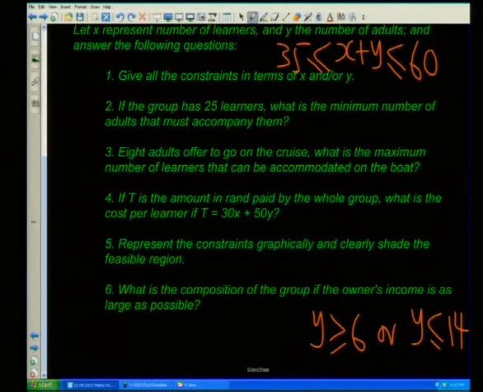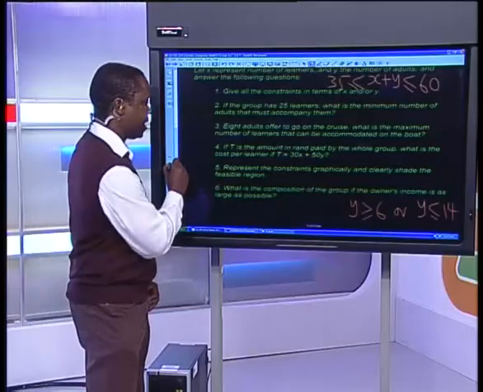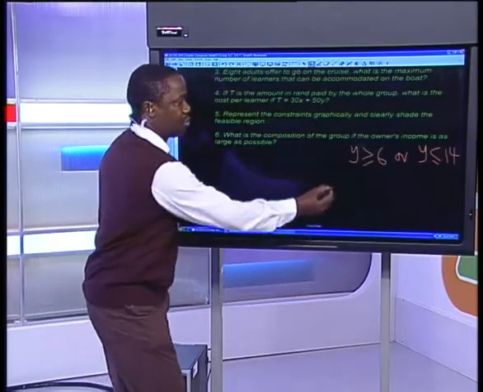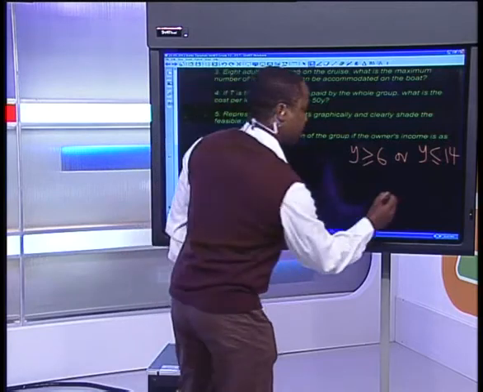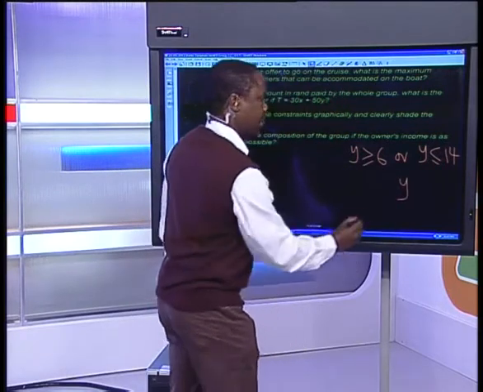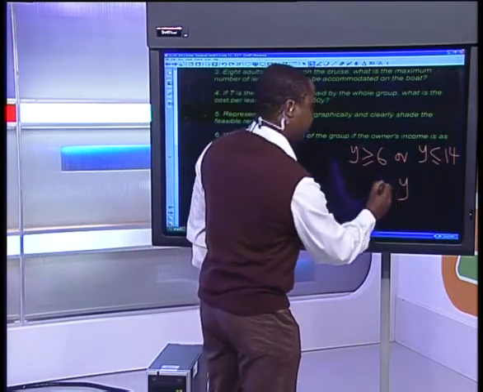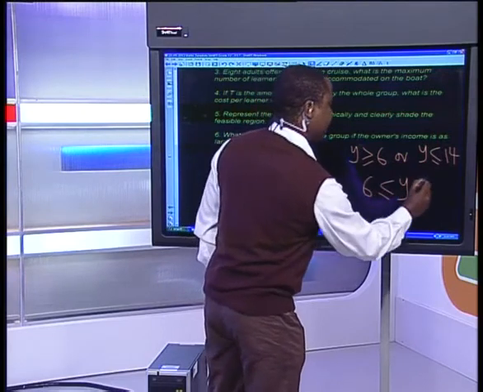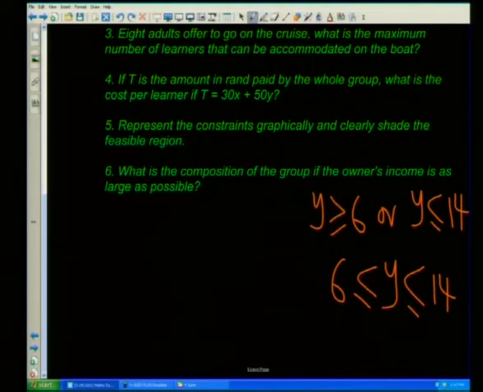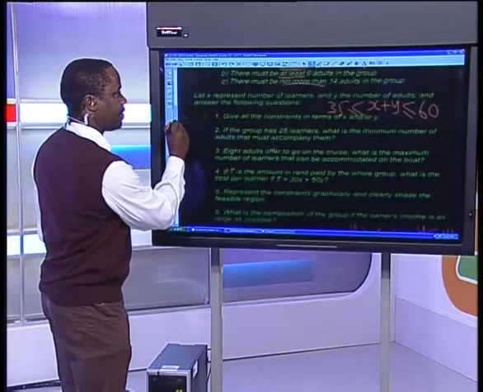Like Heather showed earlier on, you can combine these two inequalities into one, where you're saying you must have your numbers between 6 and 14. So the number of adults must be between 6 and 14. All right, let's see if we have covered everything.